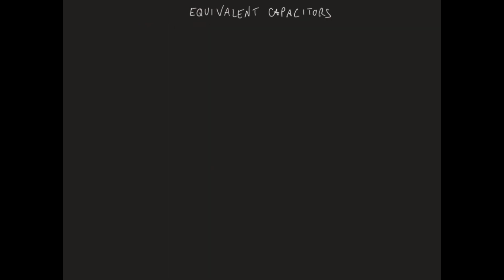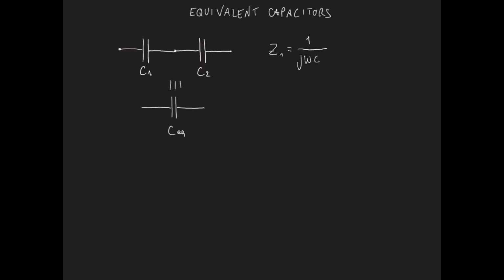Let us apply as an example the rule for equivalent impedances to capacitors. So let us consider two capacitors, one with capacitance C1, the other with capacitance C2 in series. Let's find the equivalent capacitor with capacitance C sub EQ. We know that the impedance associated with the first capacitor is 1 over j omega C1, while the impedance associated with the second capacitor is 1 over j omega C2.